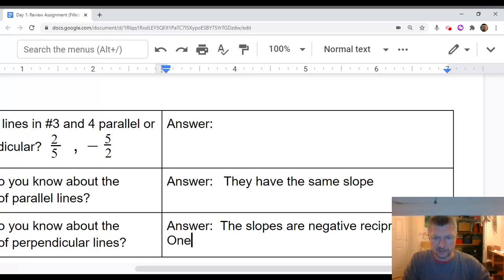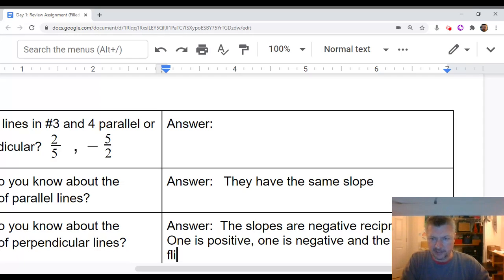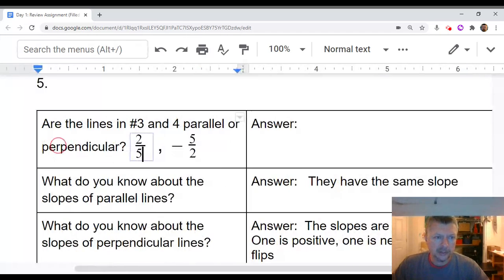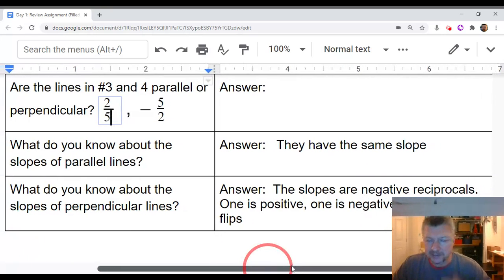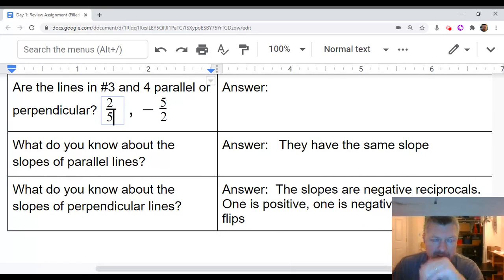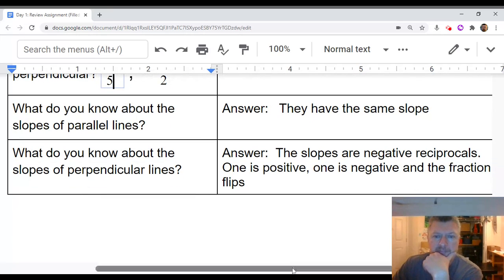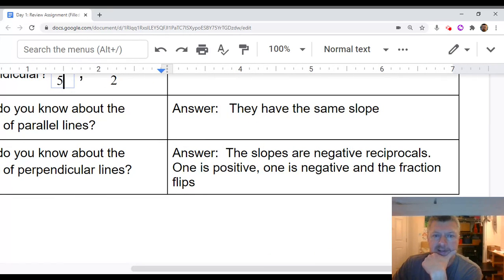So one is positive, one is negative, and the fraction flips. Okay, hopefully you can see that. I can't see the picture of the video of me on this, so hopefully that's not in the way. Okay, so everybody can see that answer right there.